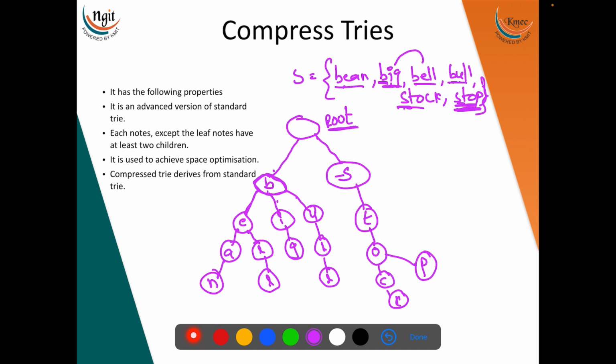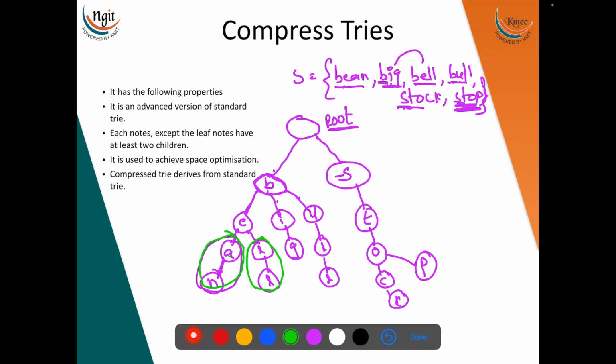B has 3 children, so you cannot combine this. E has 2 children, so you cannot combine this. Now you can see A has only 1 child, so you can combine AN. AN you can combine. Now LL can also be combined.